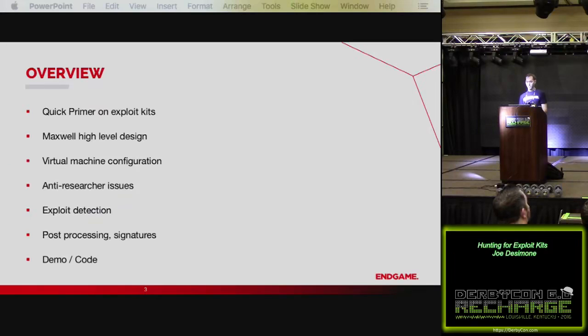I'll talk about tips for configuring your virtual machines to maximize your results if you want to play with this. I'll talk about some anti-researcher issues that we ran into and how to overcome them, and how we detect exploit activity with high confidence. Then briefly we'll talk about post-processing and the signature detection phase of Maxwell. Finally, we'll do a demo and I'll tell you where you can find the code.